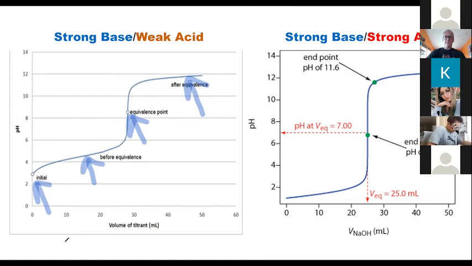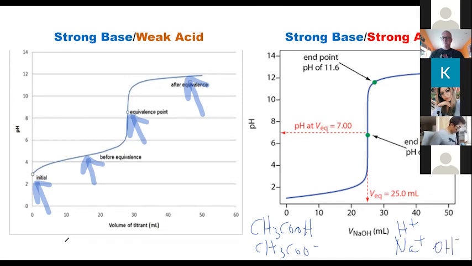acetic acid, acetate ion, protons, sodium, and hydroxide ions.